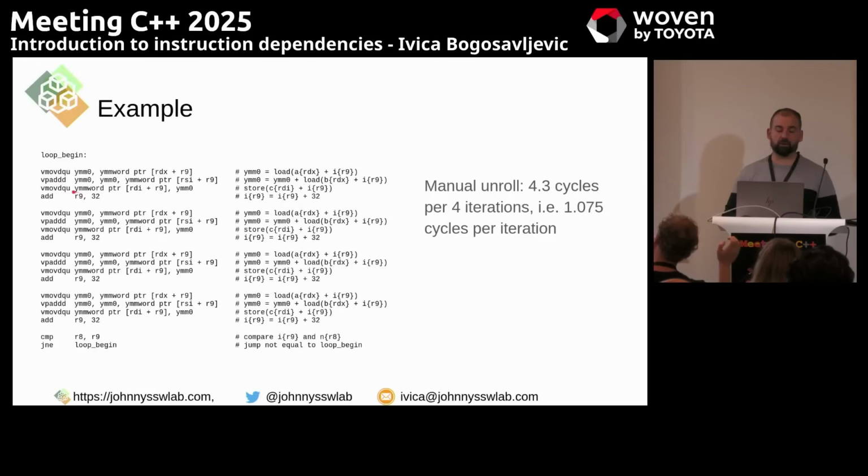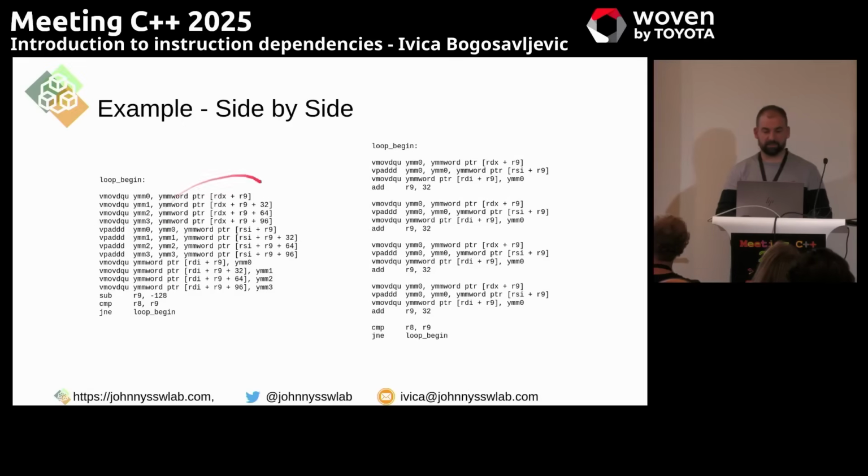But then I did a manual loop unrolling, and I removed some compares and I removed some jumps. But again, I get 1.075 compared to 1. But this time the number of instructions is 3 instructions more. So this is side by side what Clang did, and this is what I made.